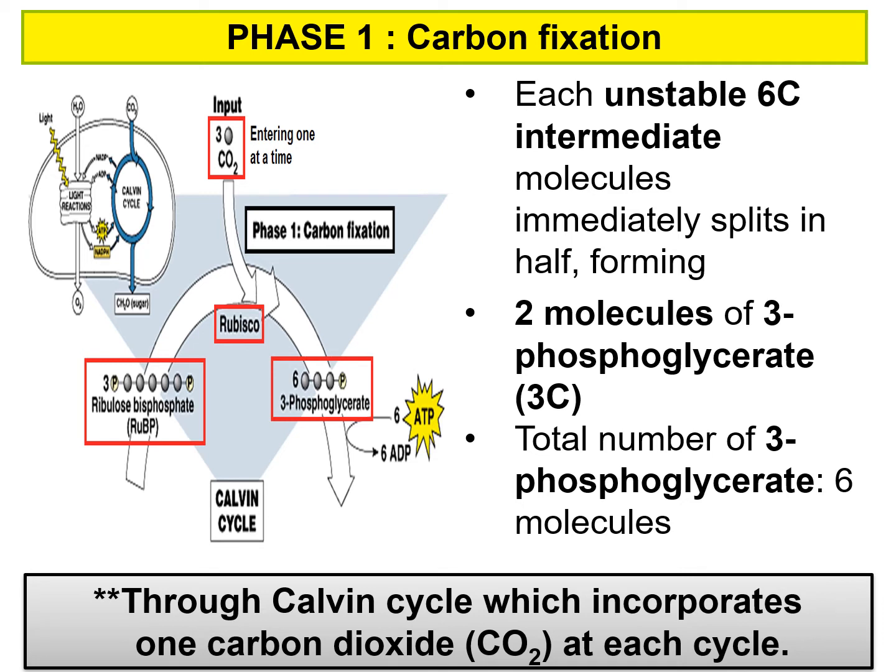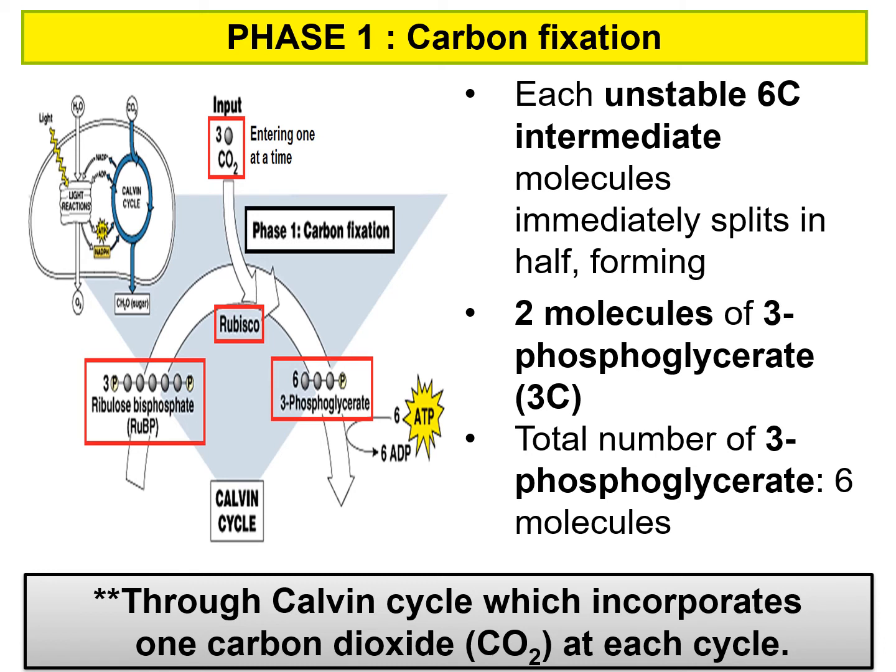It's all about mathematics. 3 carbons plus 3 times 5 carbons, which is 15, so the number would be 18 carbons. Since the 6-carbon molecule is not stable, it will split into 3-carbon molecules. So how many 3-carbon molecules?